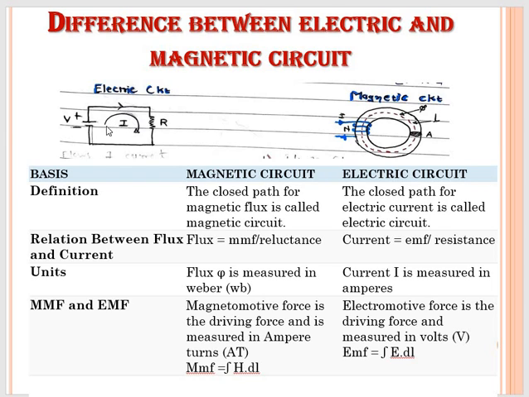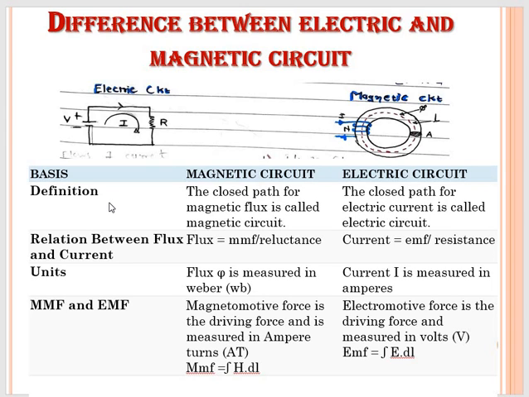So in the electric circuit, voltage is our input, and in the magnetic circuit, NI means ampere turns is our input. This is also called EMF, and this is also called MMF. EMF means electromotive force and MMF means magnetomotive force.